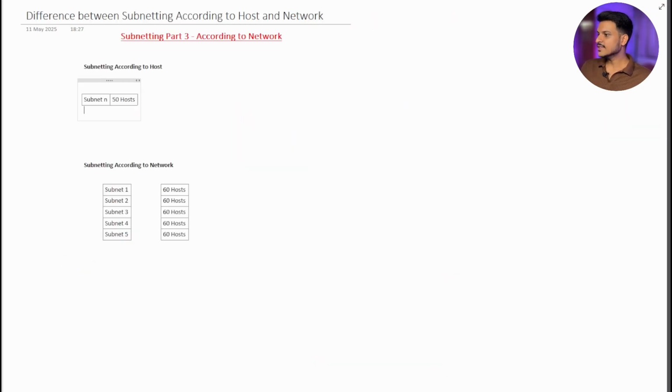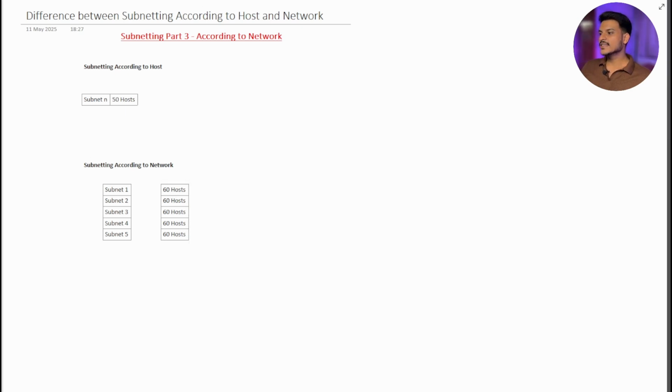Whereas in subnetting according to network, there will be a requirement for a specific number of subnets, let's say 5 subnets or 6 subnets. So priority is also given to the number of networks, as well as to how many hosts are required. It can be consistent, like 60 hosts for each subnet, or it can vary.